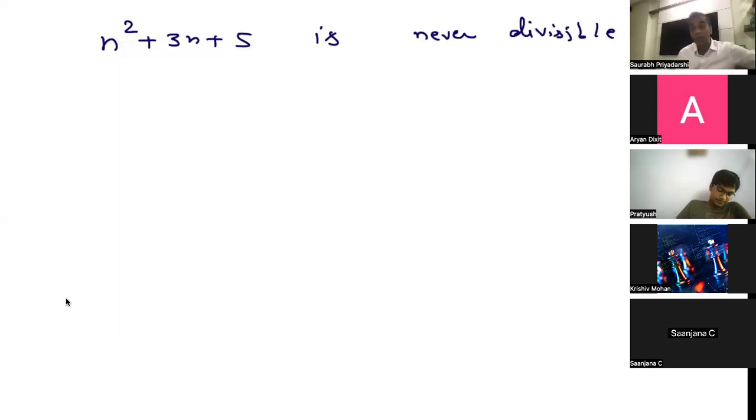This is not working. Maybe this will work for 121 into 3. Maybe this will work for 121 into 7 or 100 or some numbers, then we can take it as 121n and then solve it. But in that case, it's very difficult to say that for every number, the roots will be irrational.